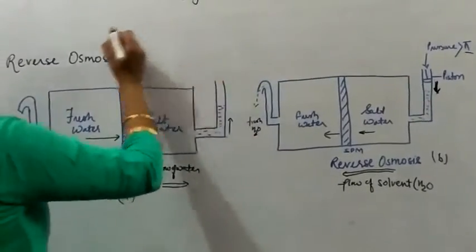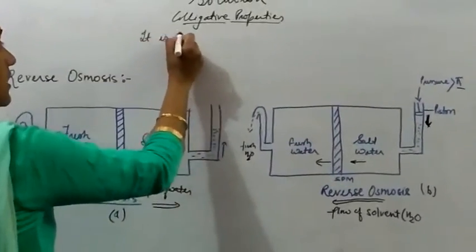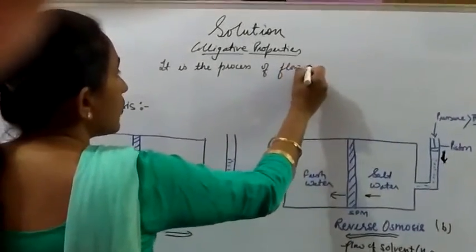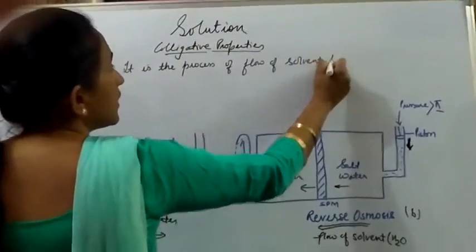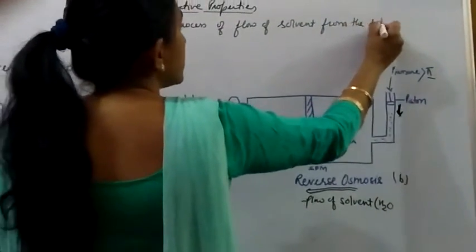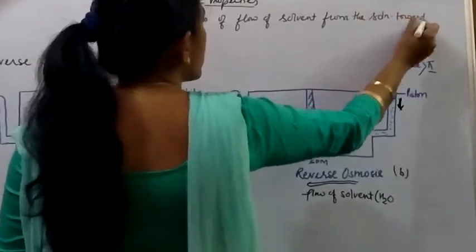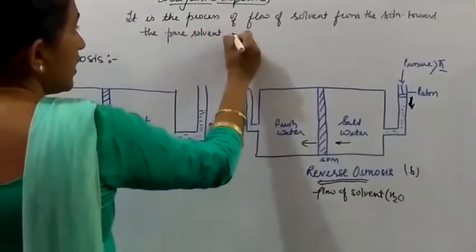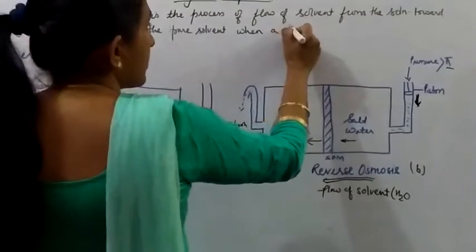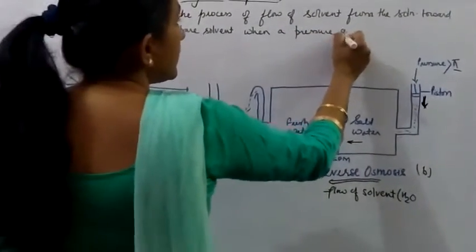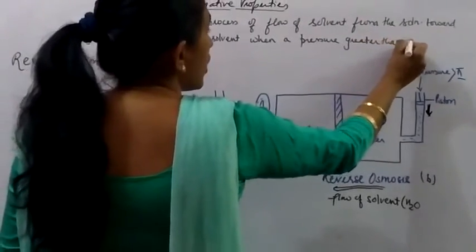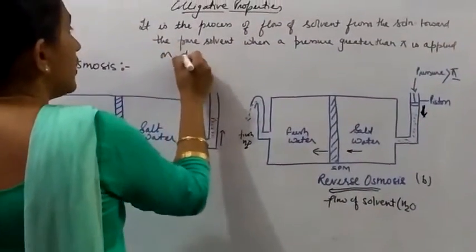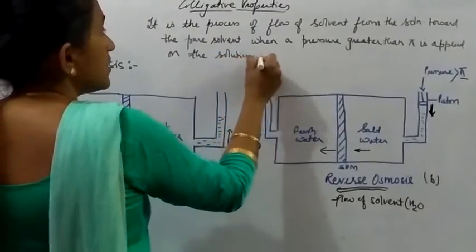So what is the definition of reverse osmosis? It is the process of flow of solvent from the solution toward the pure solvent when a pressure greater than the osmotic pressure is applied on the solution side.